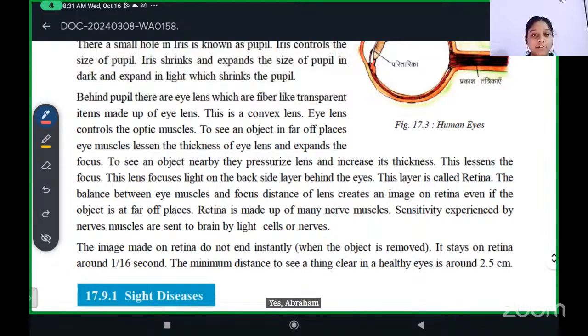Their eye focus cannot expand, so they use specs to expand it so that they can see far off places. Yes, that happens. Now, if your eye focus cannot expand, is there a way to make it expandable again?